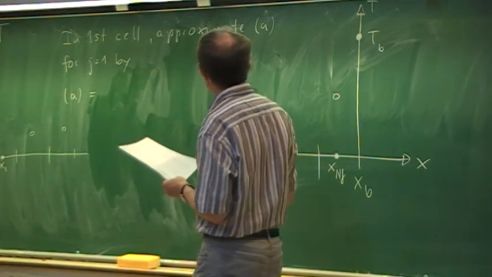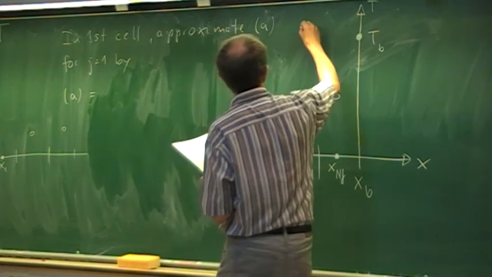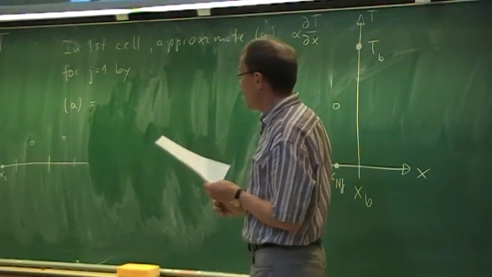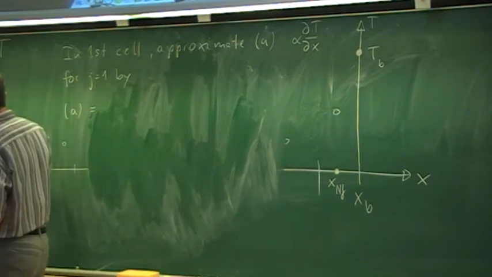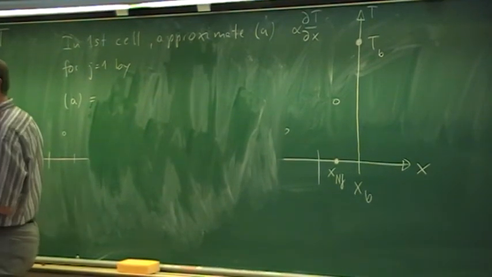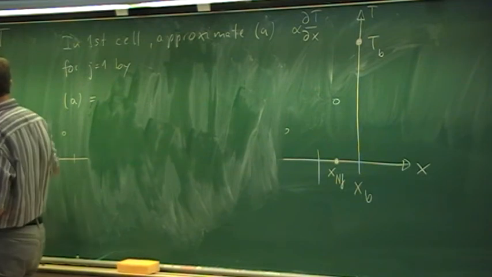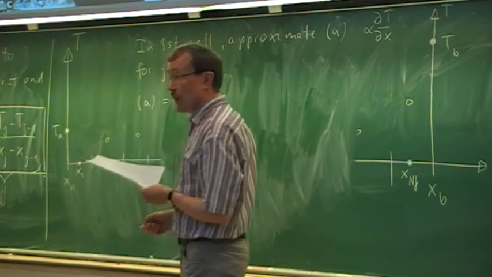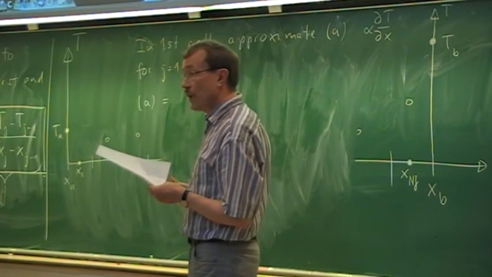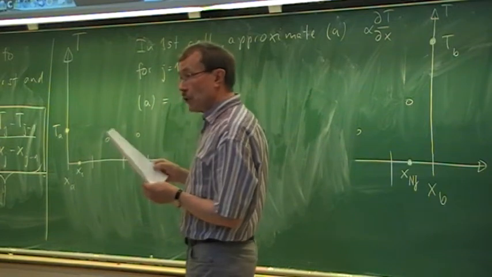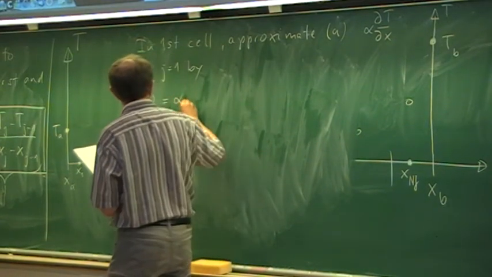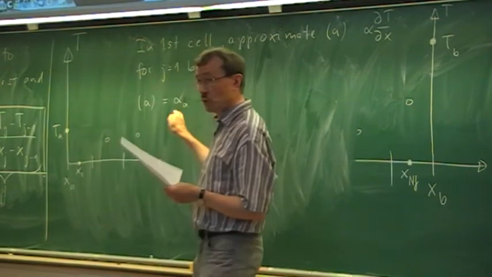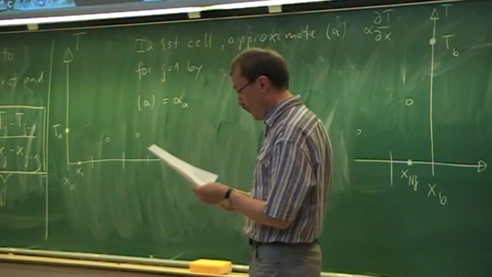We need to approximate alpha dT/dx, and we need to approximate it at the left boundary itself. Because we are discussing this cell here, and what we previously called the western boundary is actually at the boundary of the domain itself. So that's in a way good, because then we can take the value that we have, TA, to compute the thermal diffusivity alpha. So that we have exact. So that is not a problem.